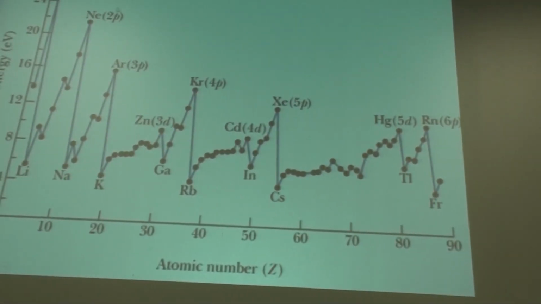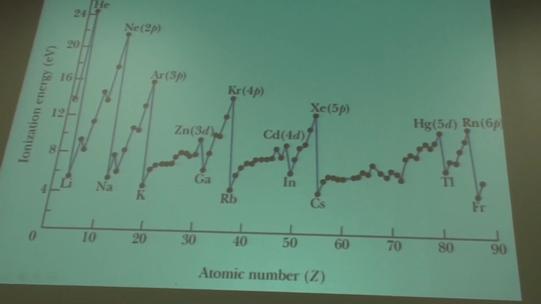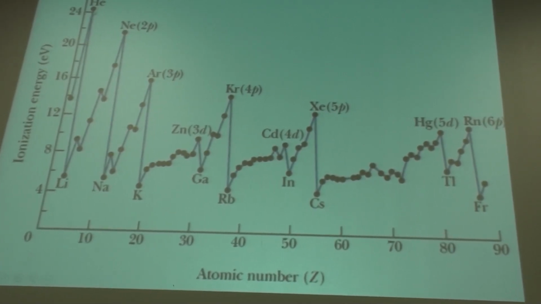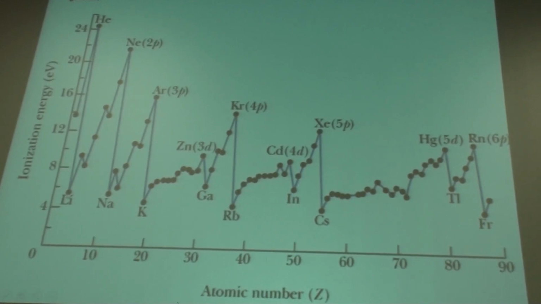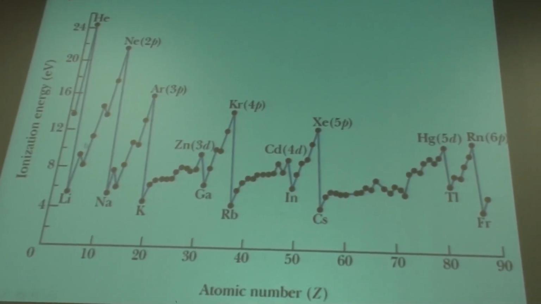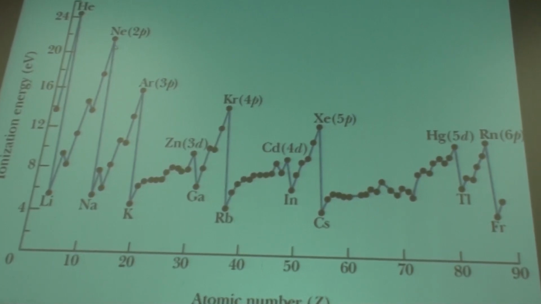And so here, for n equals 1, we see that the ionization energy goes up within a given n value. And then here's for n equals 2. The ionization energy goes up for n equals 2 within a given n value. So this is a given n value, but the ionization energy is getting larger.